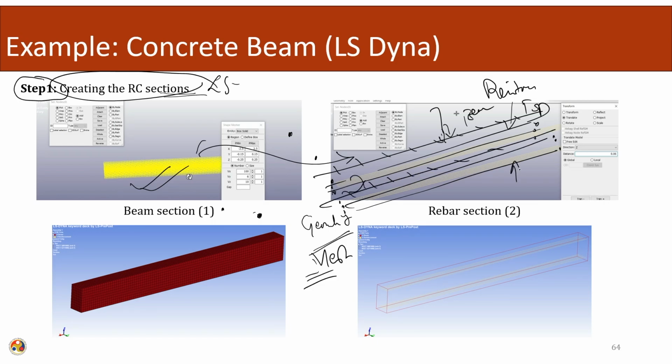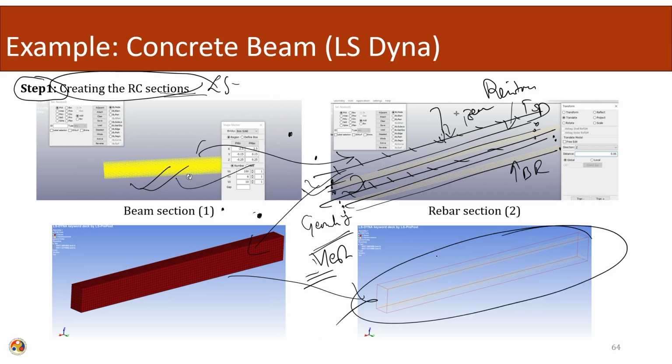So, this creates the bottom reinforcements. This way we can create the geometry of the concrete and the geometry of the reinforcements. So, at the end of the day, what we are getting is a reinforced concrete beam with concrete as the solid elements and the bars as the beam elements.